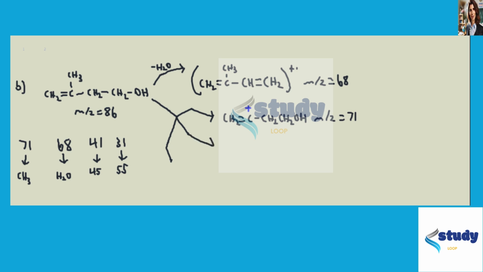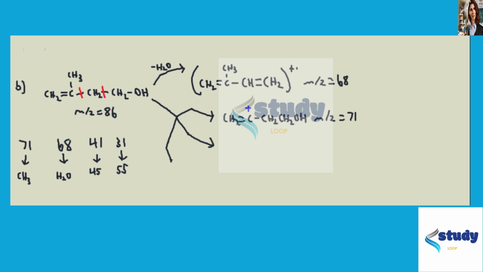Okay, so then we should think about where else we could cleave this molecule that's going to get us our 41 and our 31. So there's not too many other spots really that we could cleave this. So I'm going to go ahead and say, well, let's think about cutting this bond and then this bond.